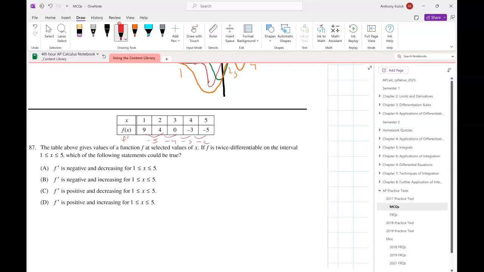So f prime is certainly negative, right? Because those all have negative slopes. Let's look at whether these are increasing and decreasing now. So I notice that from each one, the slope increases by 1. And I'm done. That's it.